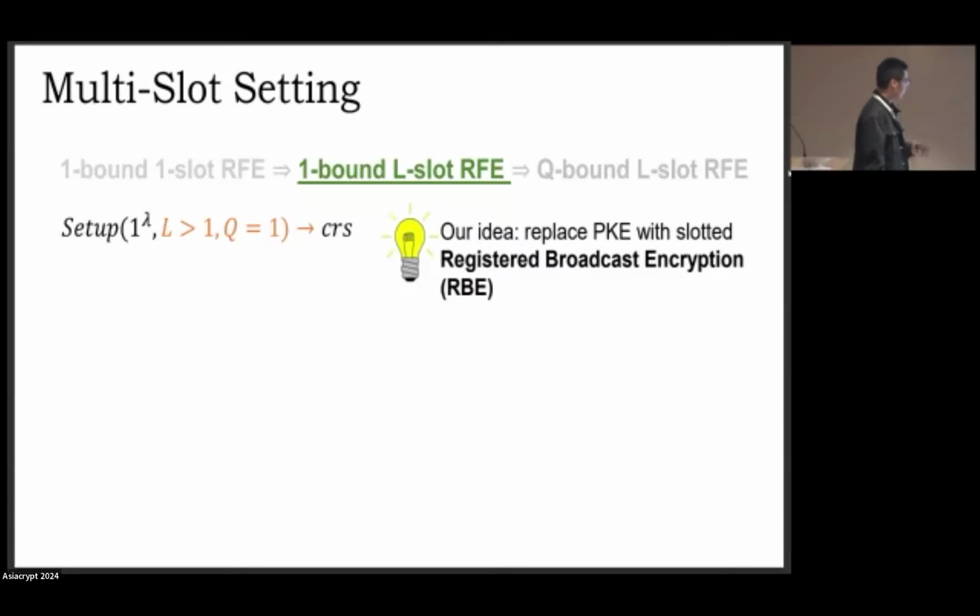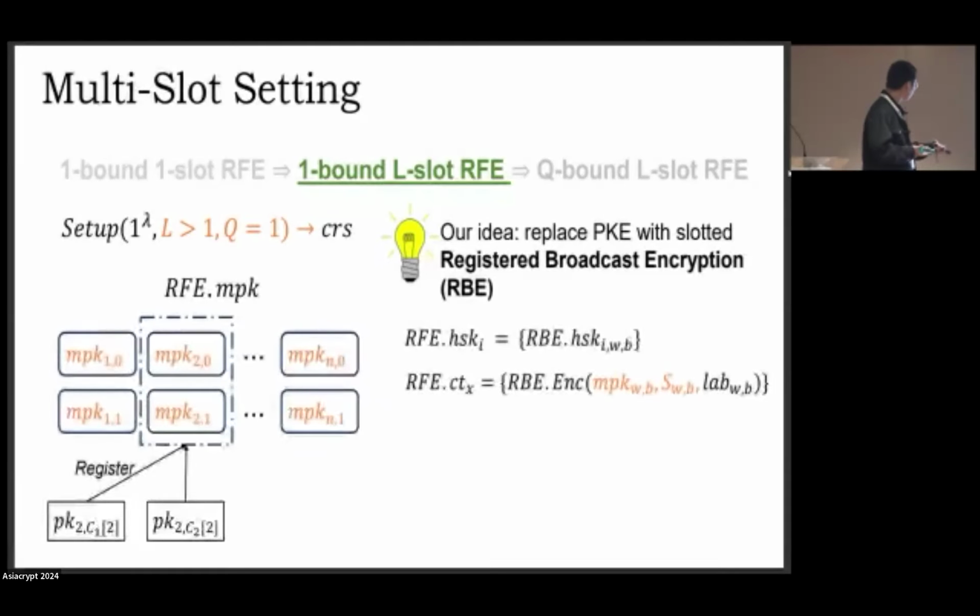Then our idea is to replace the PKE with a more powerful primitive, registered broadcast encryption, RBE. So here, the MPK of RFE is formed from the MPK of RBE. Each user can register their public keys into one of these MPK, and so are the HSK and the ciphertext.